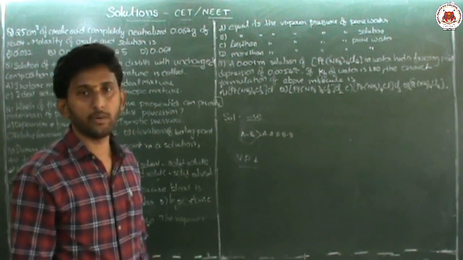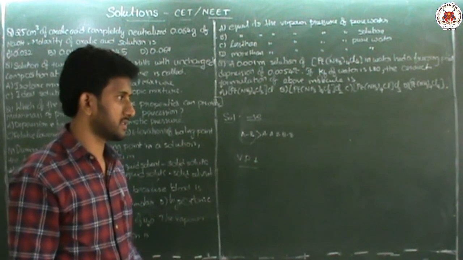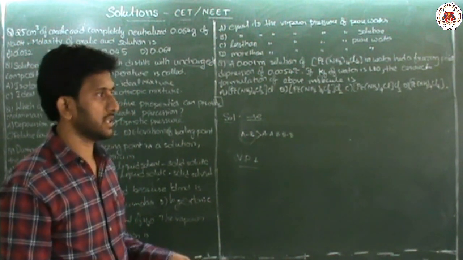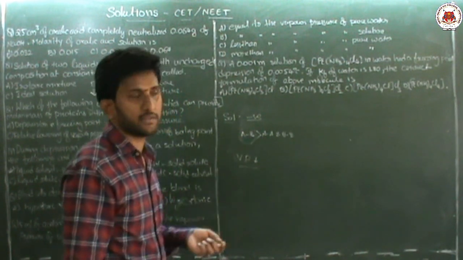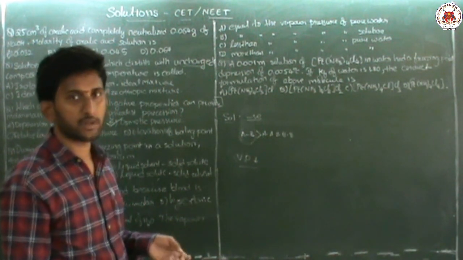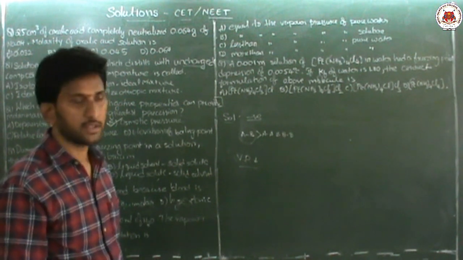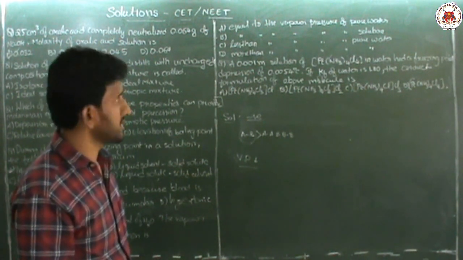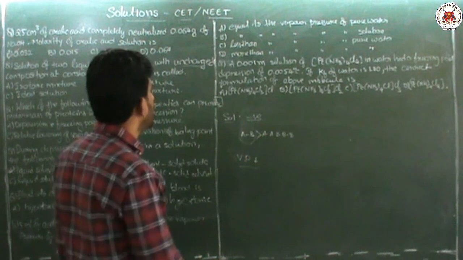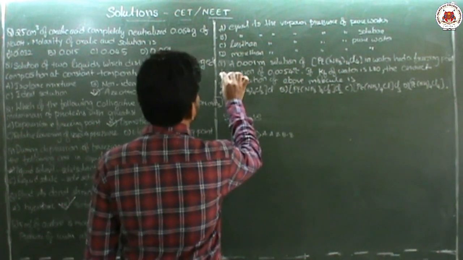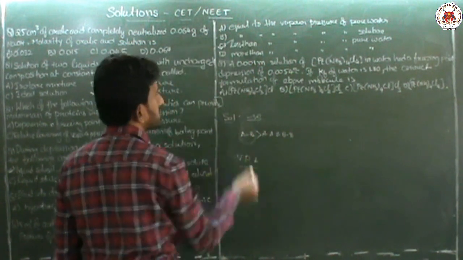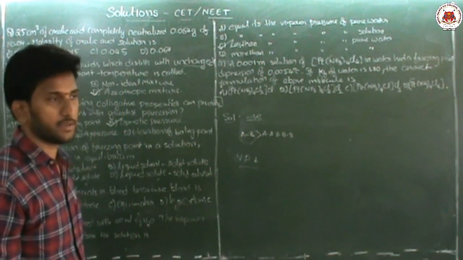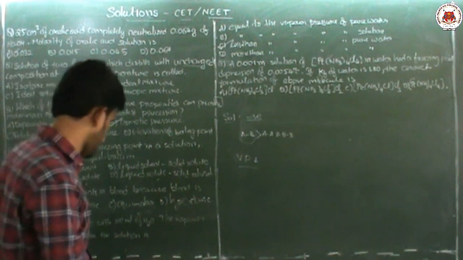That is lowering of the vapor pressure, because of the stronger affinity, hydrogen bonding, between acetone and water. That means the vapor pressure should be less than that of pure water, right? Yes. Next.